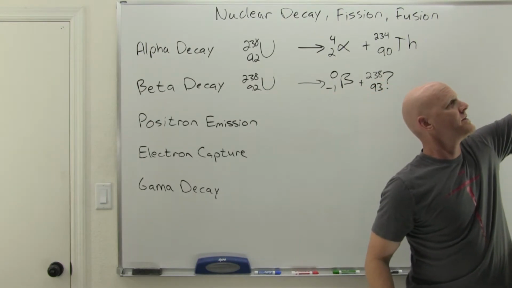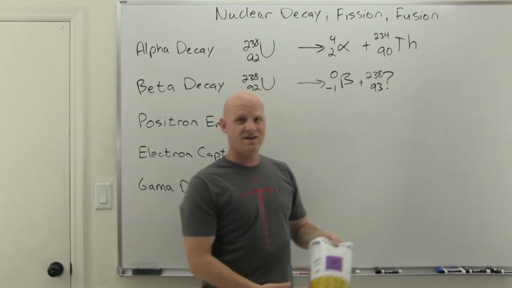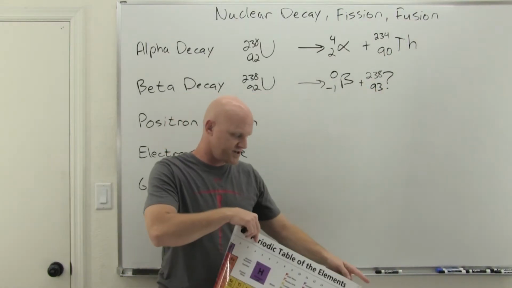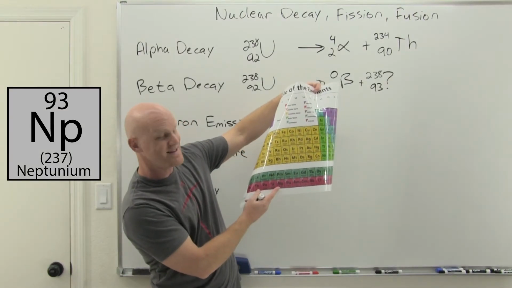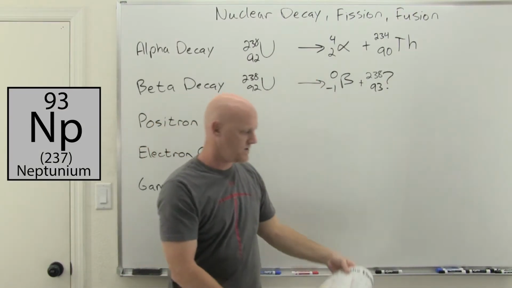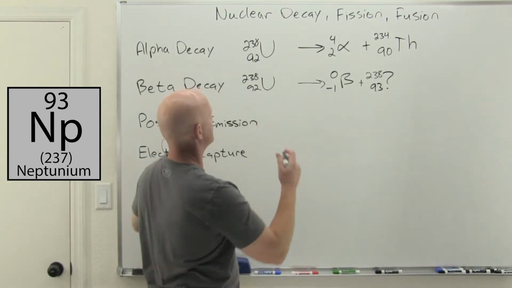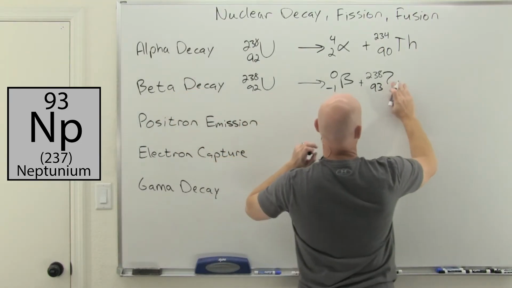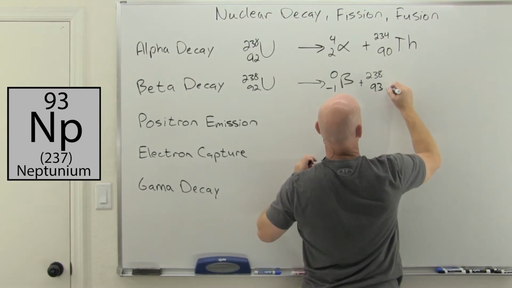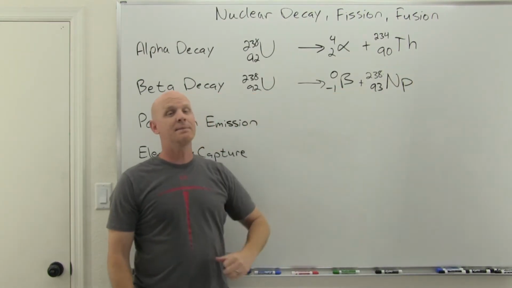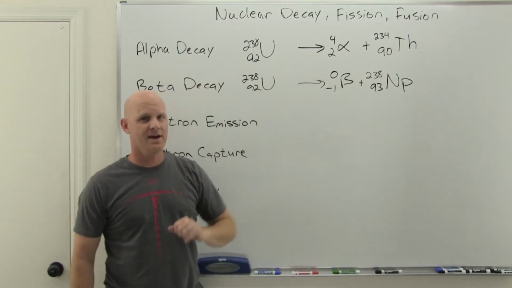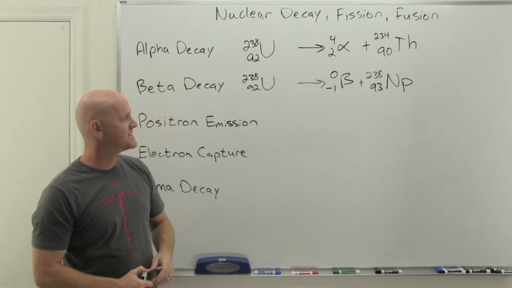And if we pull out our handy dandy periodic table here, I know you all keep one within arm's reach as well. So atomic number 93, way down at the bottom here, is neptunium. So we'll stick that up there. Cool, and the daughter nucleus would therefore be neptunium-238. How would you characterize that isotope?